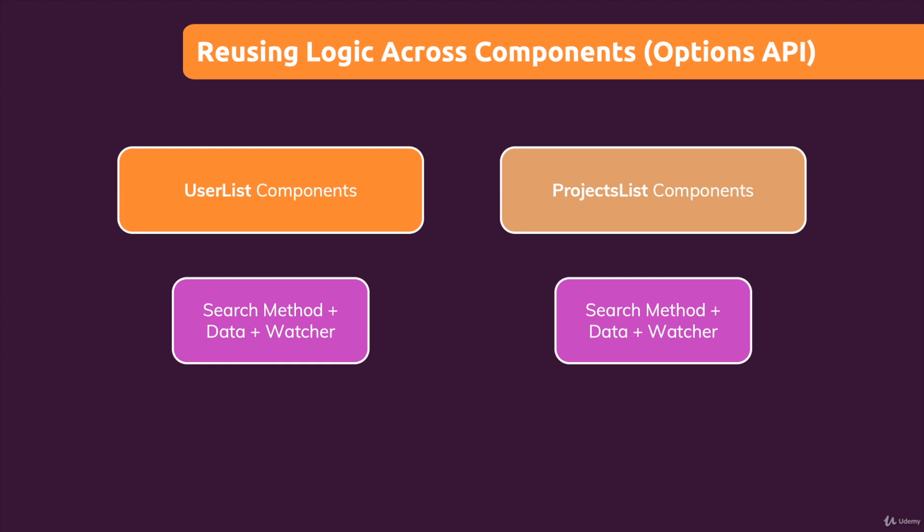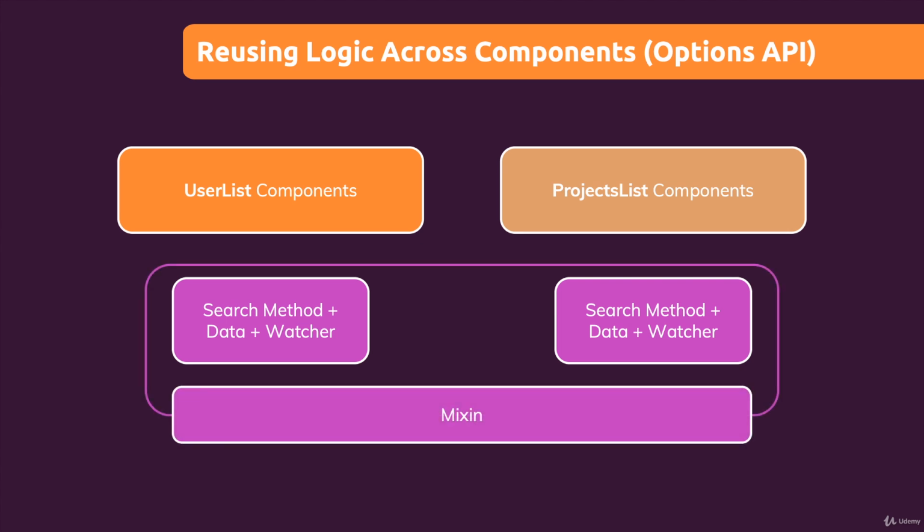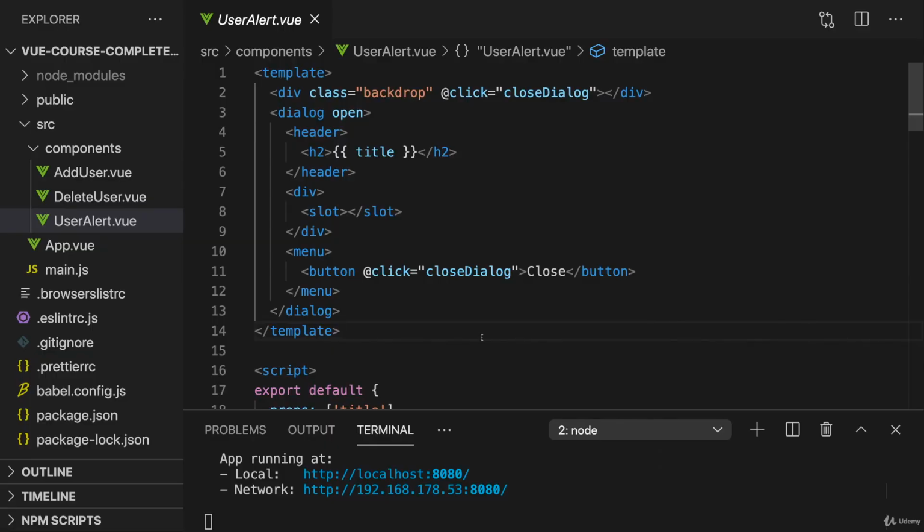And therefore, when using the Options API, you have a concept called Mixins, which basically allows you to share data, methods, computed properties, watchers, lifecycle hooks, whichever configuration you might need across components. So therefore, let's explore Mixins and let's see how they can help us here in this example project.